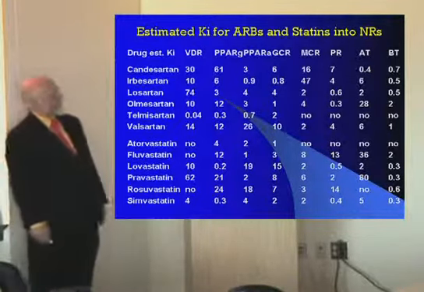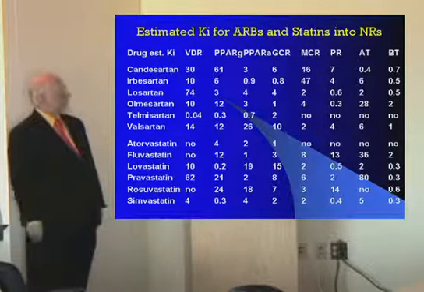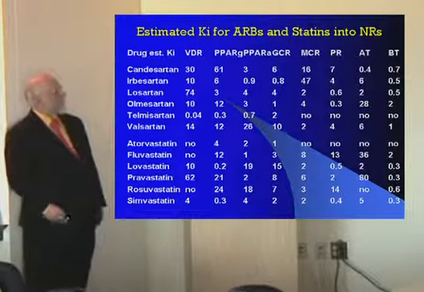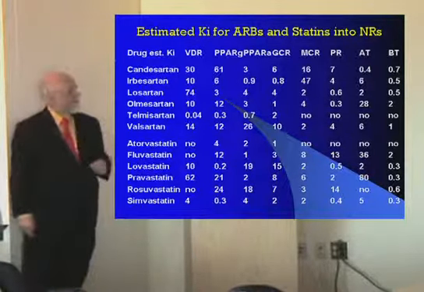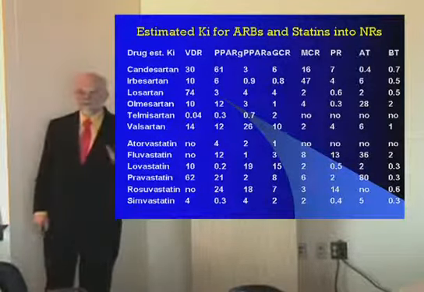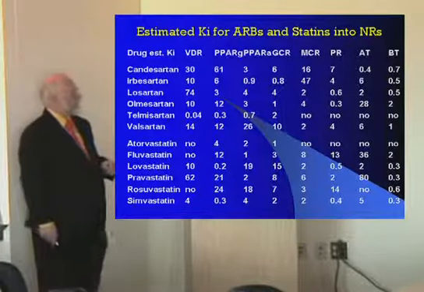And what you can see looking at this table is there are an awful lot of numbers which are below 1. And any of these numbers that are below 1 indicates that that drug is going to have a very significant impact on that receptor at normal concentrations that these drugs are administered in pharmacology.